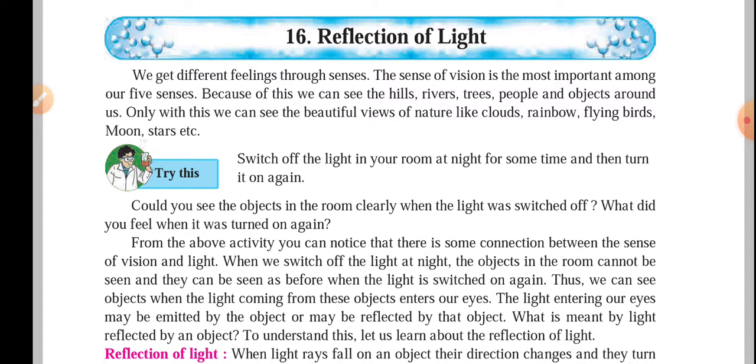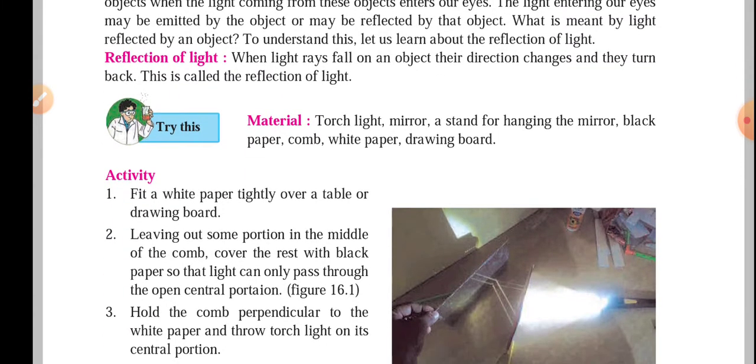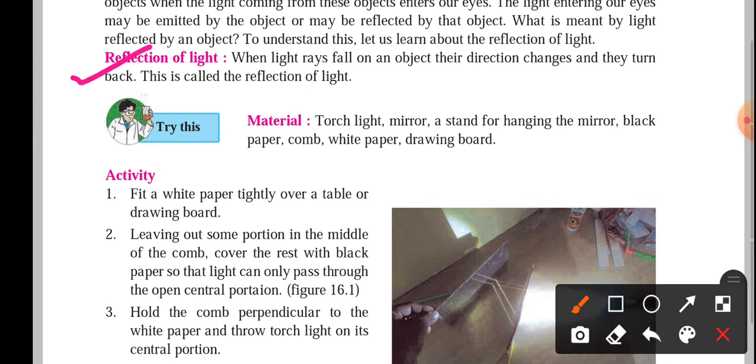When we talk about the reflection of light, the simple concept is: when light rays fall on an object, their direction changes and they turn back. This is called the reflection of light.